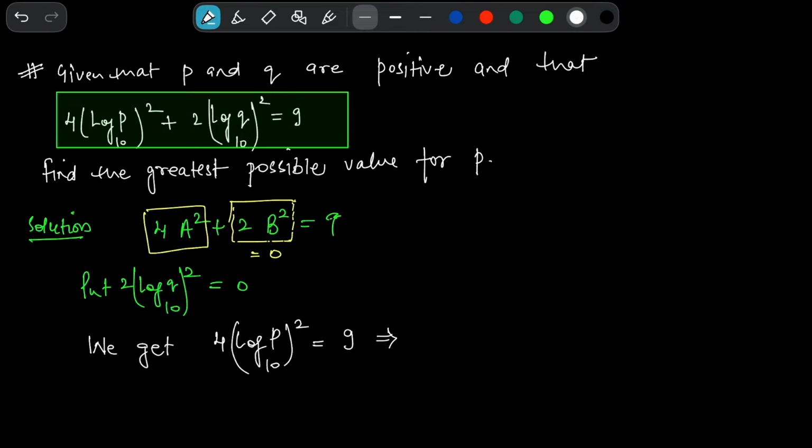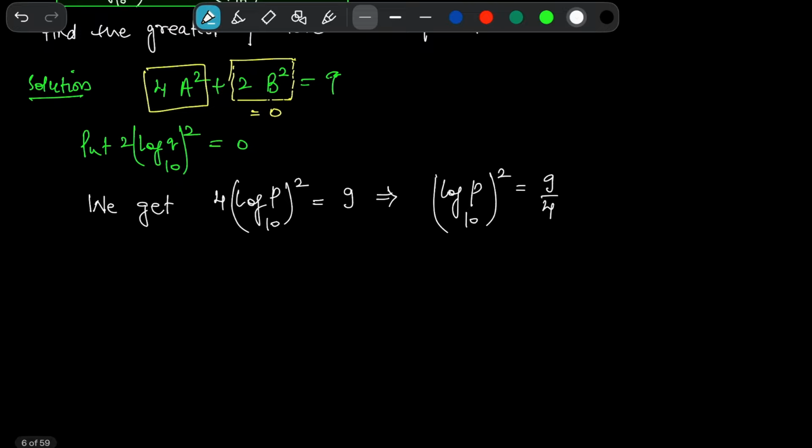Solving this further, I can write log of p with base 10 whole square is equal to 9 by 4. Now we can remove the square from the left hand side, so we will get log p base 10 is equal to plus minus 3 by 2.